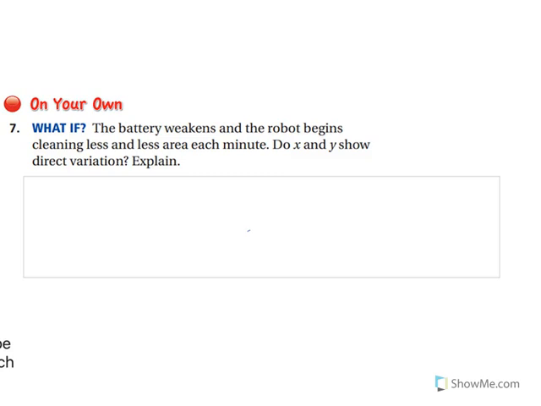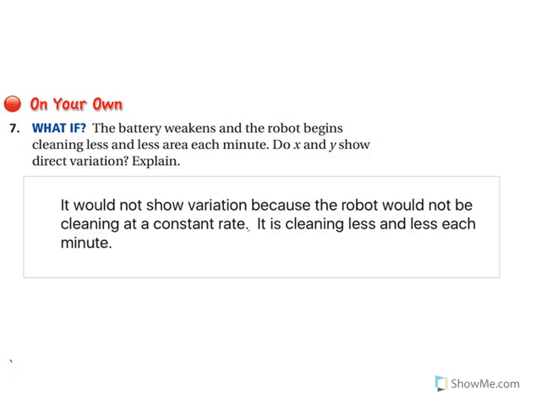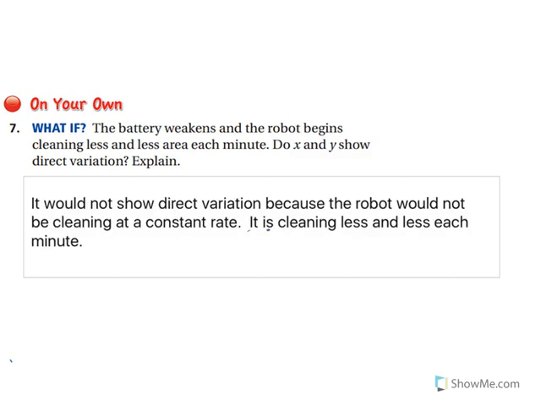But if the battery is weakening and it's cleaning less and less every minute, it's not cleaning at a constant rate. So as a result, it would not show direct variation, because the robot is actually cleaning less and less each minute, not at a constant rate.